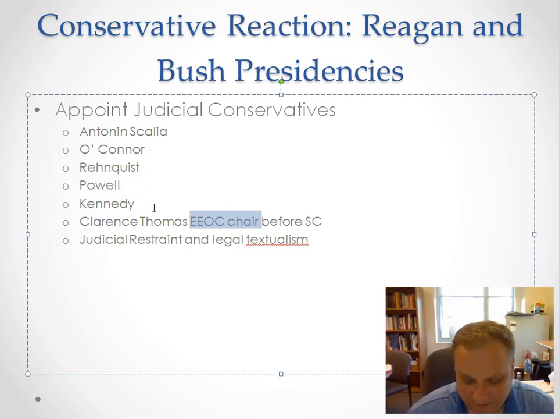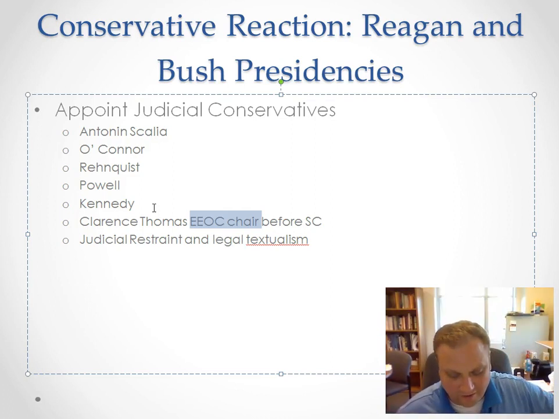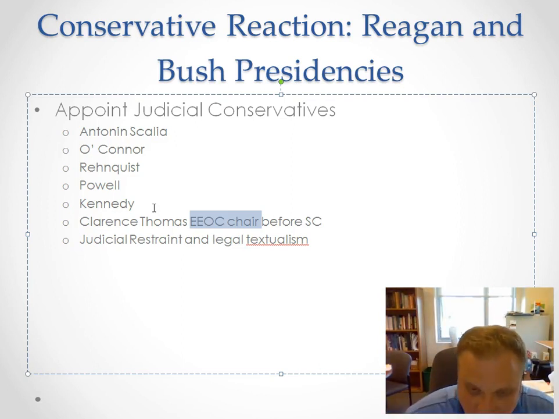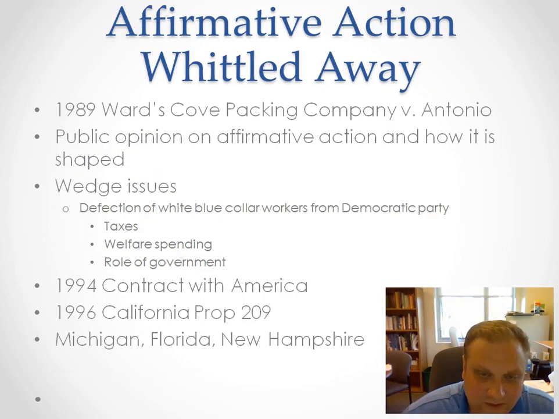So you have a different kind of interpretation of the law in the Reagan and Bush administrations. And what we see is that during this period of time, affirmative action is actually whittled away. In 1989, in the Wards Cove Packing Company versus Atonio case, the court scaled back the Griggs decision and shifted the burden of proof.